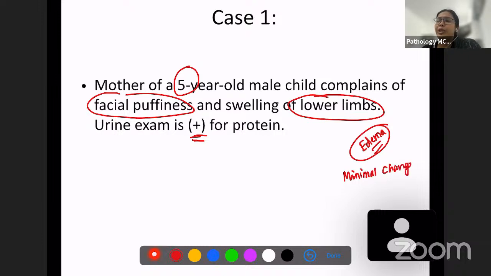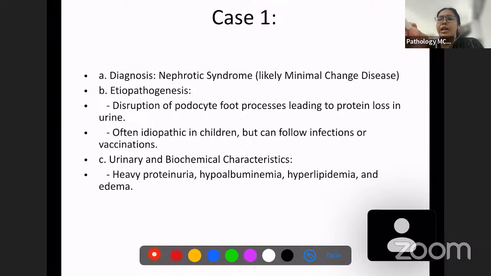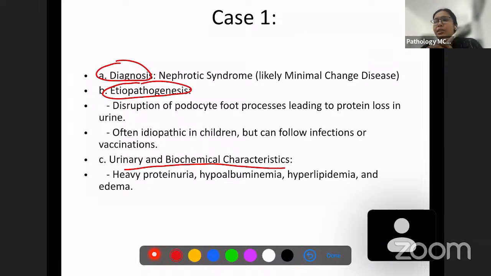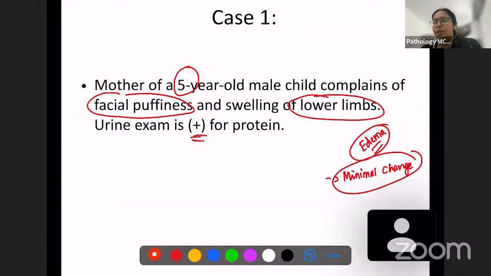So you're going to be asked to diagnose the case, and what all are you going to be asked? Diagnosis, etiopathogenesis, and then urinary and biochemical characteristics. Right? Once you have diagnosed the case, minimal change disease. Now, what is the etiopathogenesis?